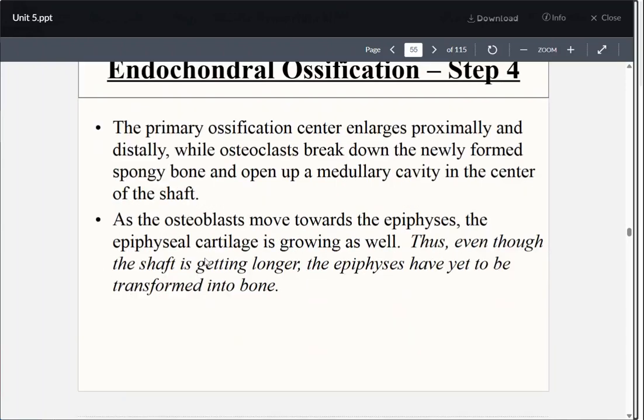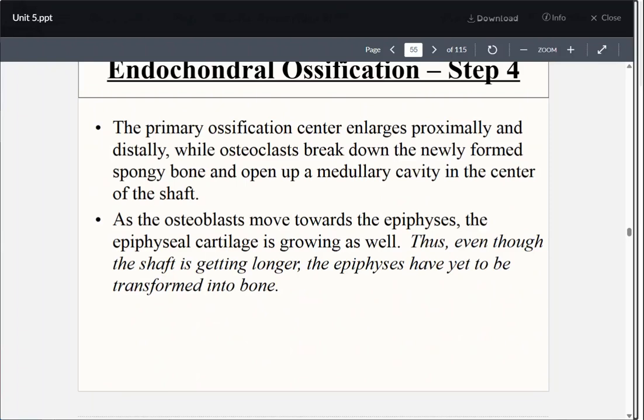All right, so that primary ossification center is going to enlarge towards both ends. Osteoclasts are going to break down the spongy bone and open up the medullary cavity, the center. This is going to allow for bone marrow. As these osteoblasts move towards the epiphyses, the ends, the cartilage at the epiphyses is going to continue to grow.